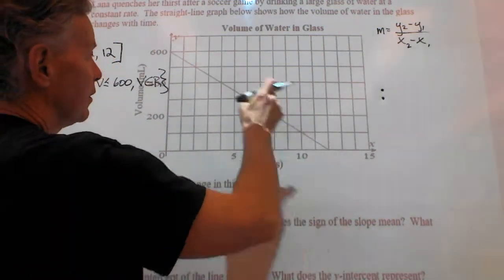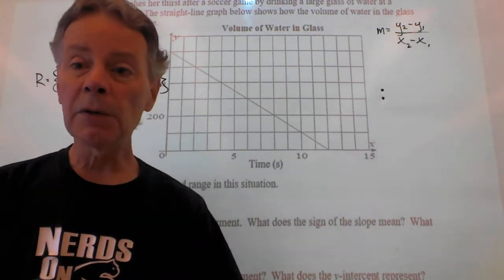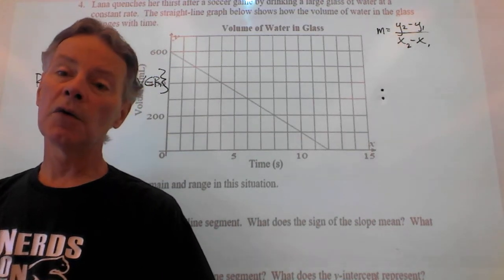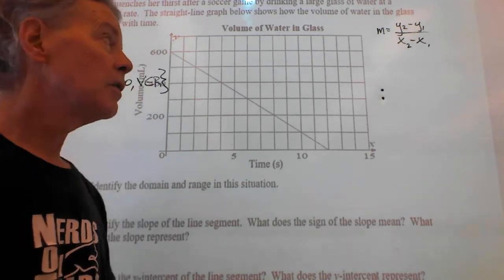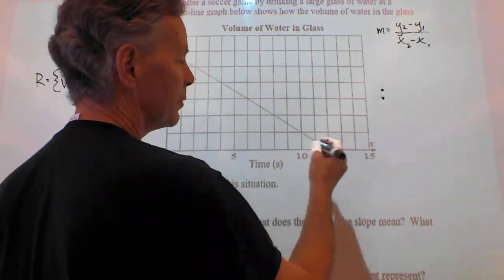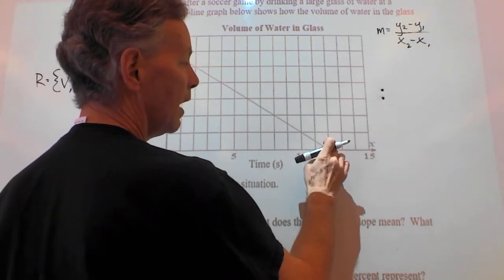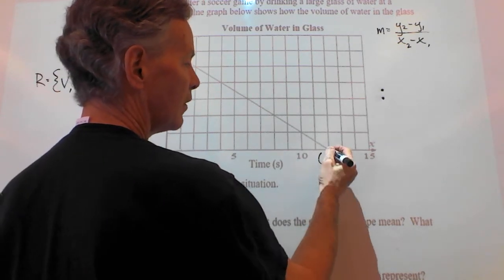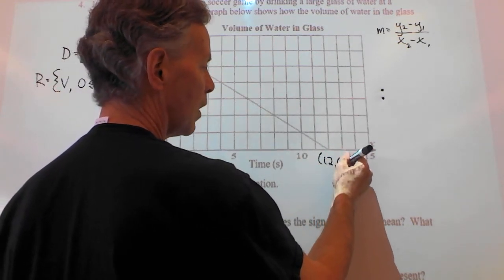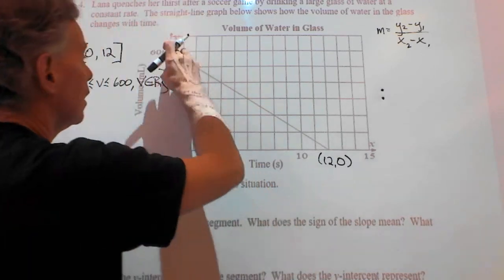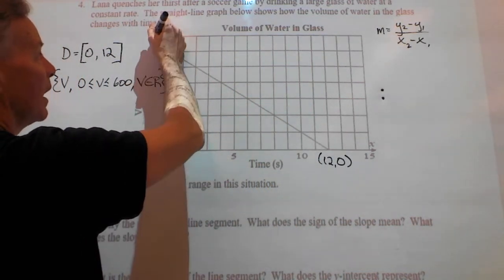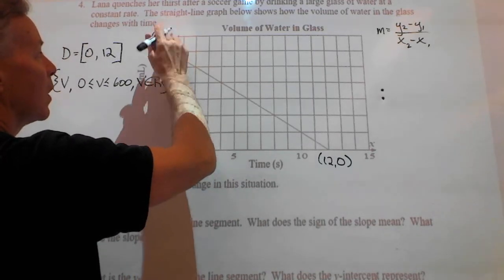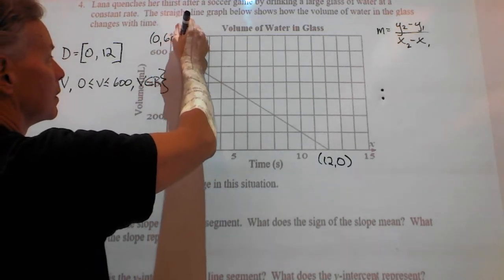Now, I'm going to pick the two intercepts simply because I'm lazy, and I know that at the intercepts, one of the coordinates is always going to be 0. It's going to make my subtraction a little bit easier, right? So my x-intercept here has an x value of 12 and a y value of 0. My y-intercept up here has an x value of 0 and a y value of 600.